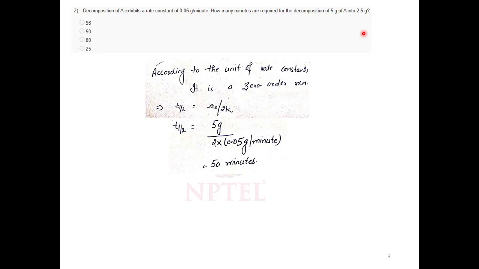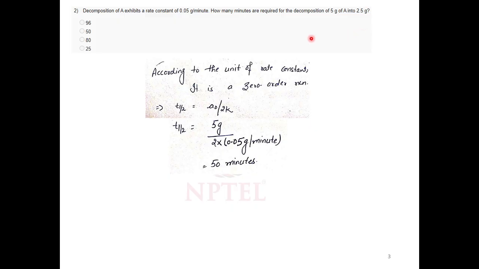So you just need to calculate the value of this half life. If you can calculate the half life, then you can get the idea about the time required for the initial concentration to be consumed, right?